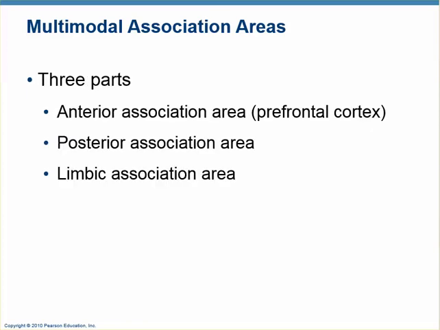Right. And the limbic association is what gives us the emotional connection to things. And this is very important. This is very good, because we want to avoid things in the future that hurt us or scare us, and we want to be attracted to things that give us positive experiences.